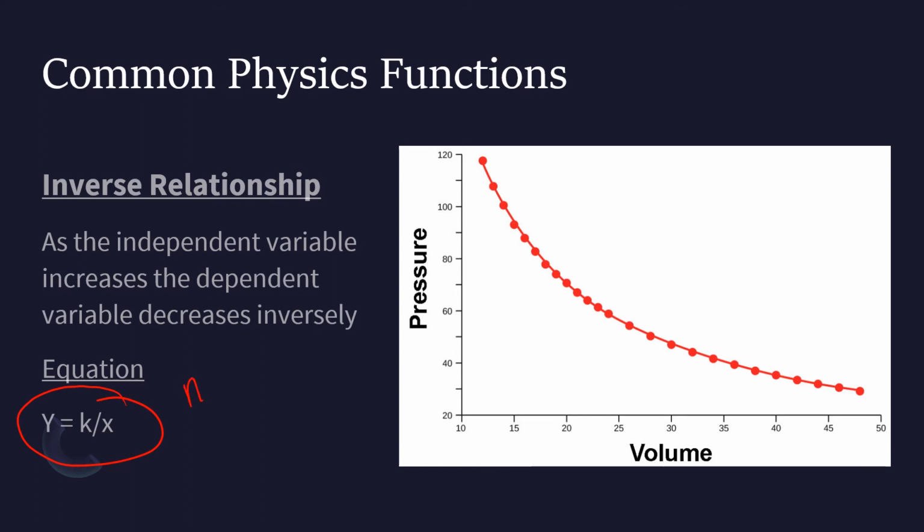So it's never 0 on y, and it never intercepts the y-axis. So those are the two keys there with an inverse function. Okay, and again, function there is y equals k over x, where k represents some constant.